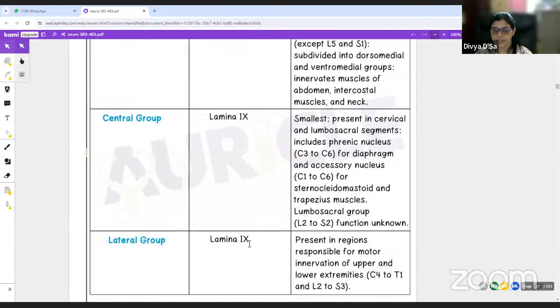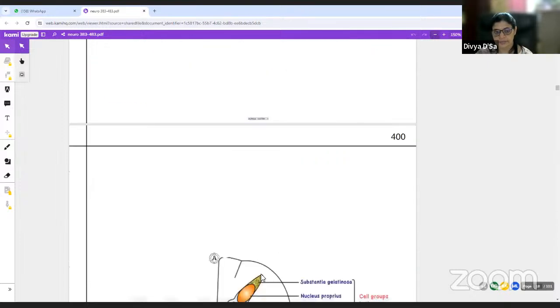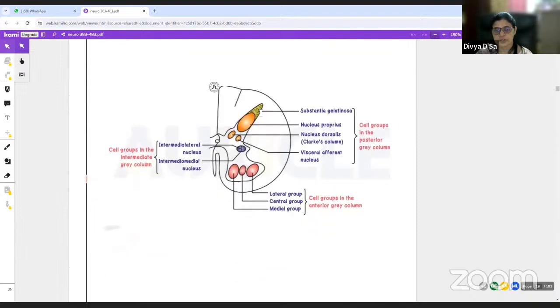The lateral group is lamina 9. It is present in regions responsible for the motor innervation of the upper and lower extremities, that is C4 to T1 and L2 to S3. So this is how you see the substantia gelatinosa and nucleus proprius. Then we have Clark's nucleus and the visceral afferent nucleus.